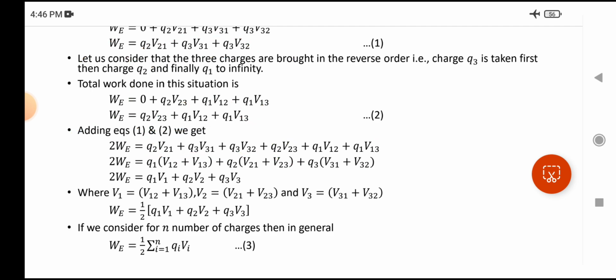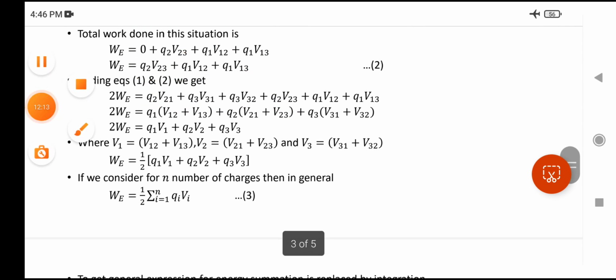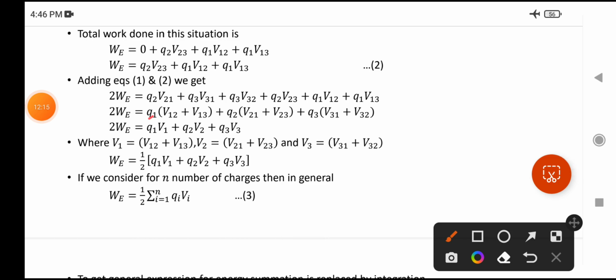Both are added. After addition, now take charge Q1 common. Where do we have Q1? Here and here. So if you take Q1 common, we get like this. If you take Q2, where do we have Q2? Here and here. Then take Q3 common outside: Q3 here, Q3 here, Q3 into this.